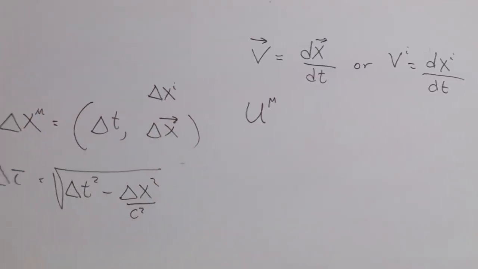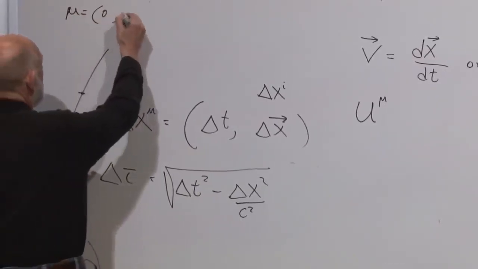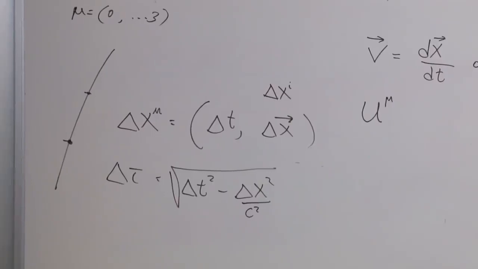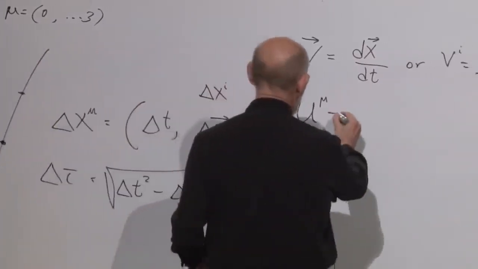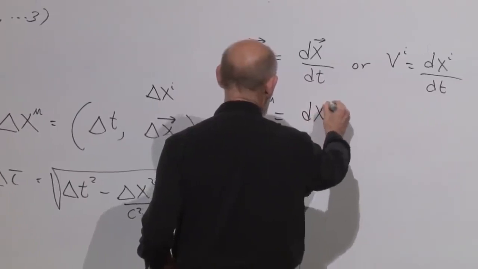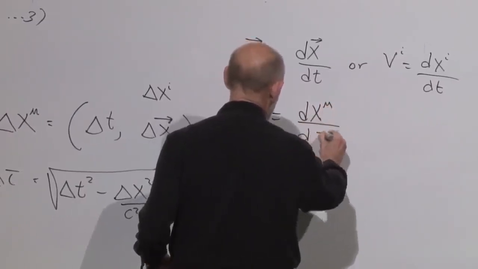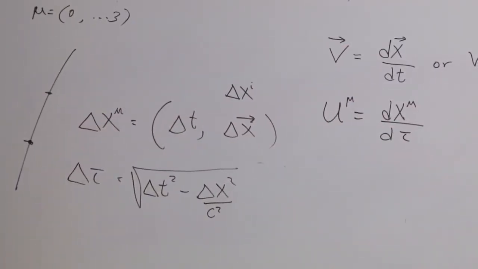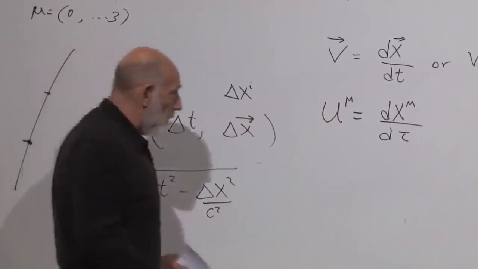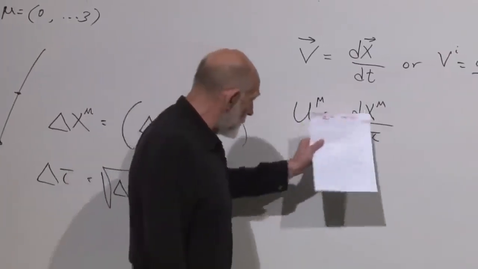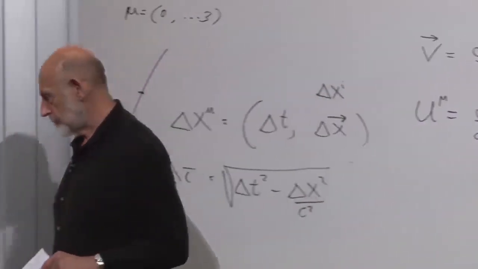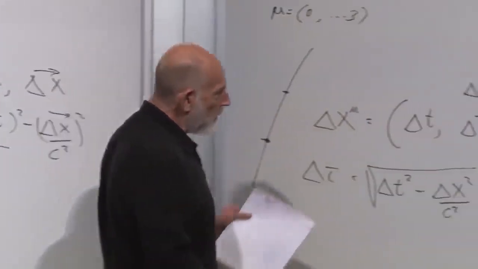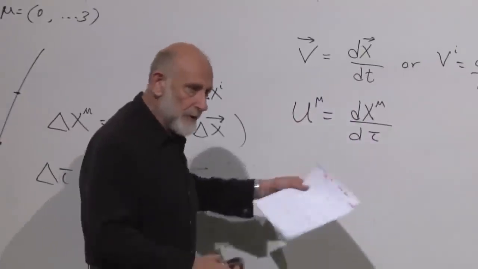Incidentally, mu runs from 0 to 3. 0 is the time component. This is equal to dx mu by not dt, but d tau. So there are four of them, and they constitute what is called the four velocity, the four-dimensional analog of the velocity. First question is, what is the connection between the four velocity and the ordinary velocity? So let's work that out.